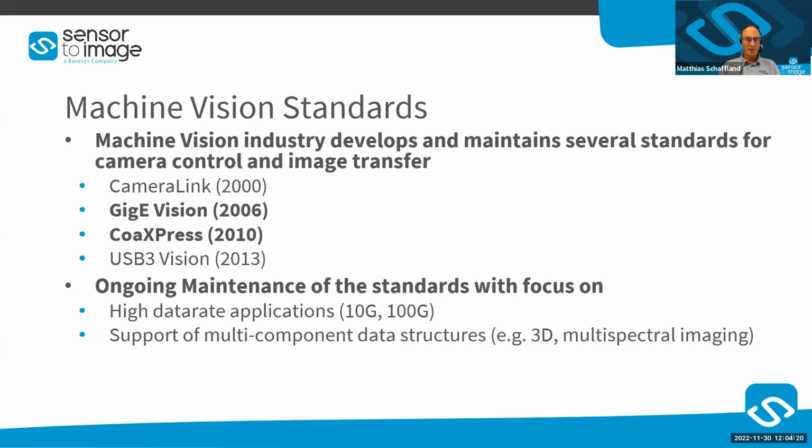But not only faster sensors, we sometimes have not only a simple 2D image, for example, we have multi-component data structures, which are used for example in 3D applications or multispectral imaging. So these standards have to cope with multi-component data blocks and transfer them together.